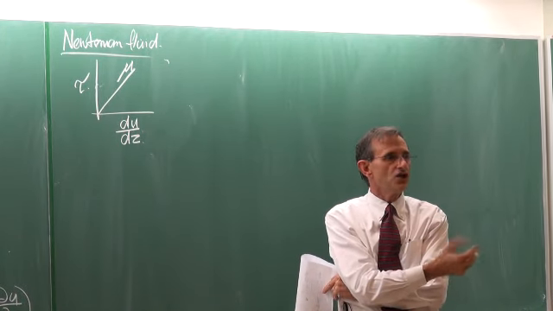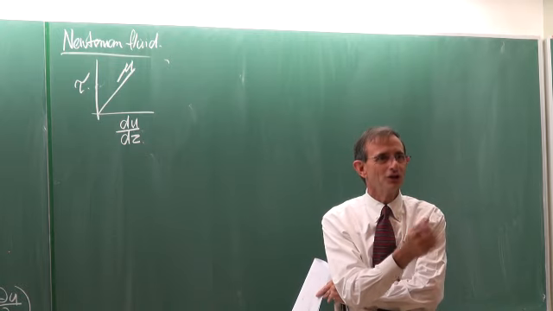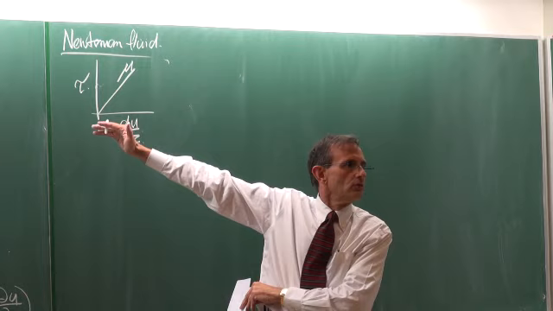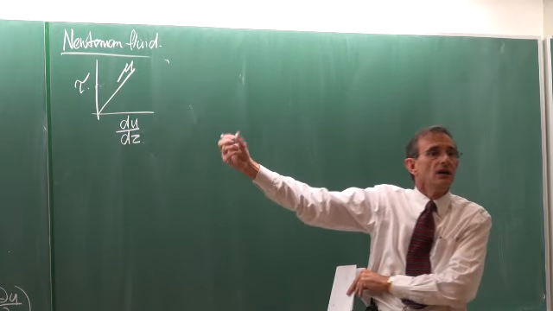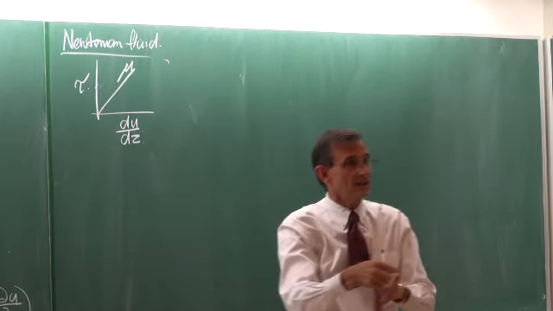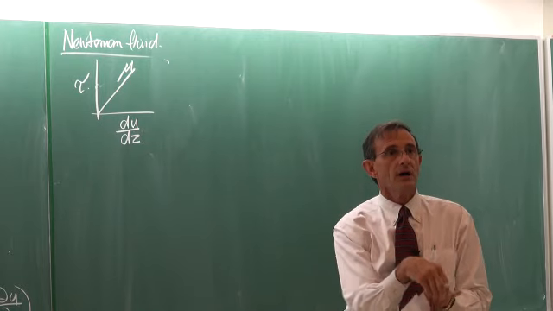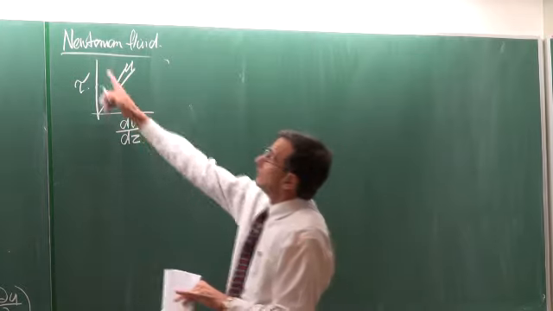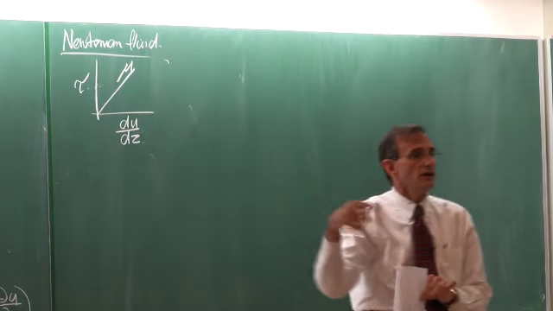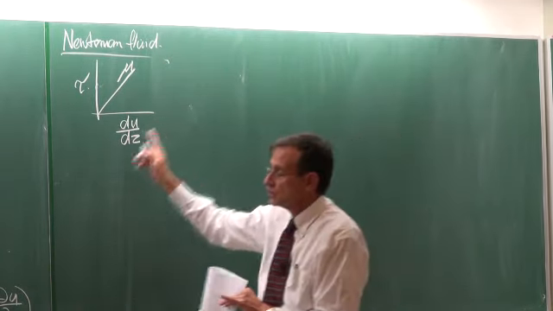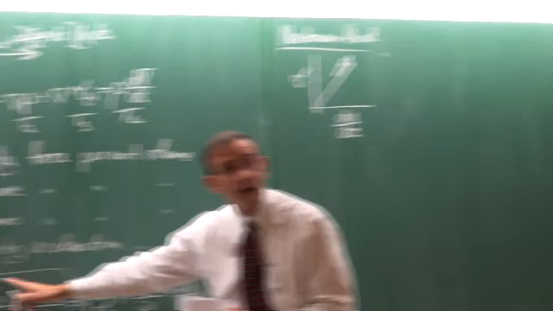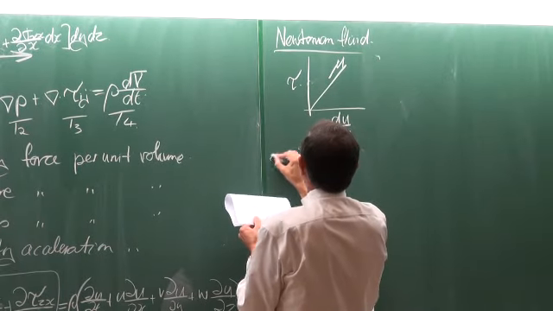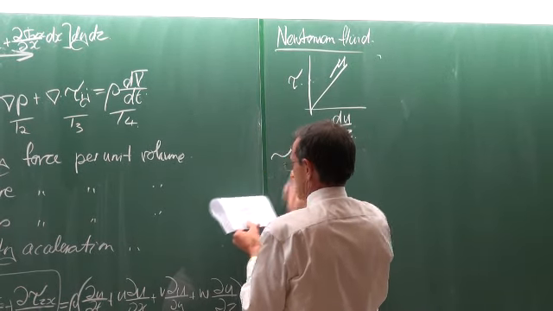Most of the fluids we work with in mechanical engineering, air, water, etc., are Newtonian. It is when you work with blood, or plastic materials at a high temperature, that they are non-Newtonian fluids. You need to know that because then you cannot make the assumption that we are going to make now.